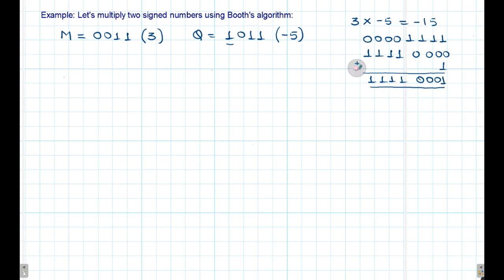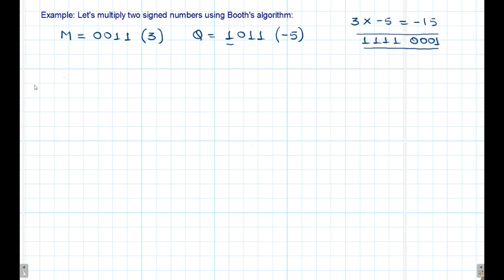So let me just erase all those things and focus on the Booth multiplier algorithm. This is the final answer which we are expecting from the multiplication. To start with the algorithm, we initialize a few variables as per the algorithmic approach.